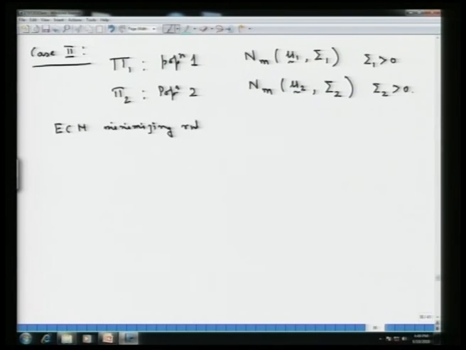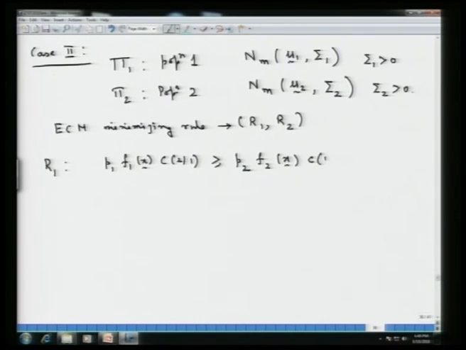The ECM minimizing rule is given by the partition R1, R2. In the general setup, without assuming anything on the cost structure, R1 is the region of the set of all x's such that P1 times f1(x) into C(2|1) is greater than or equal to the corresponding term for the second population, P2 f2(x) into C(1|2), and in R2 we will have this to be less than this particular term.